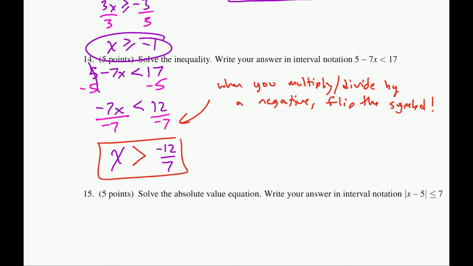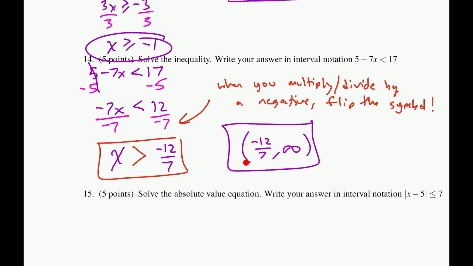That's your answer, x greater than or equal to negative 12 over 7, which in interval notation, like the previous problem, is negative 12 over 7 up to infinity. Oops, parentheses, parentheses. Parentheses this time because this does not have the equals on the bottom. However, it's still x greater, so it's still out to the right. All right, so that was how you solve an inequality.